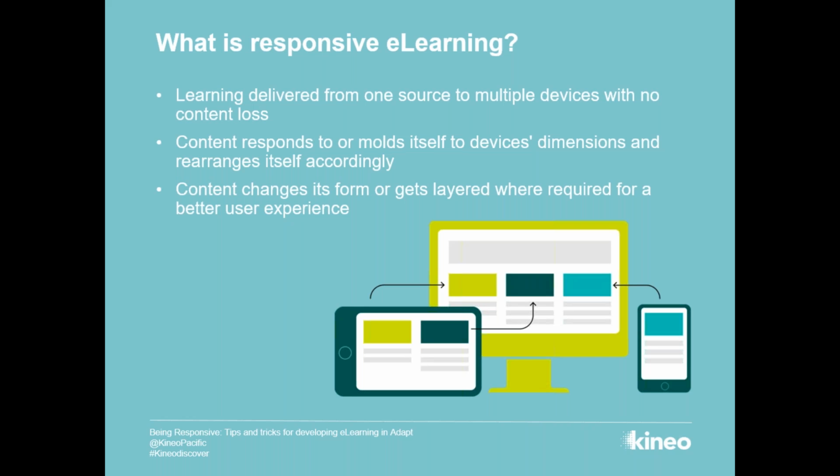The learning should be delivered from one source to multiple devices so that we do not have content loss. The content should be available on every device. And moreover, we do not run into issues with multiple iterations of updating the content for different layouts or different devices.